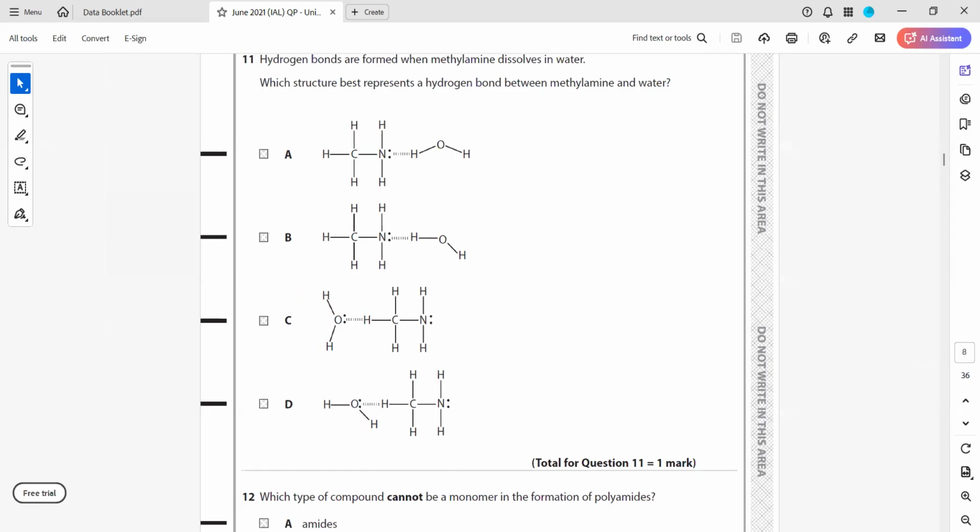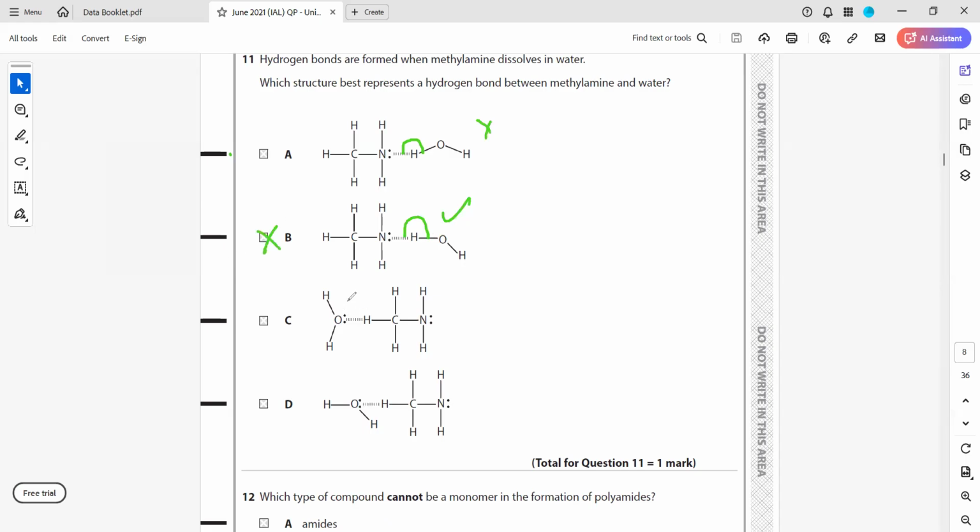So here, hydrogen attached to oxygen is attracted toward the lone pair. This will be a hydrogen bond. But the mistake here is the bond angle is not 180. Here the bond angle is 180, so that's right.